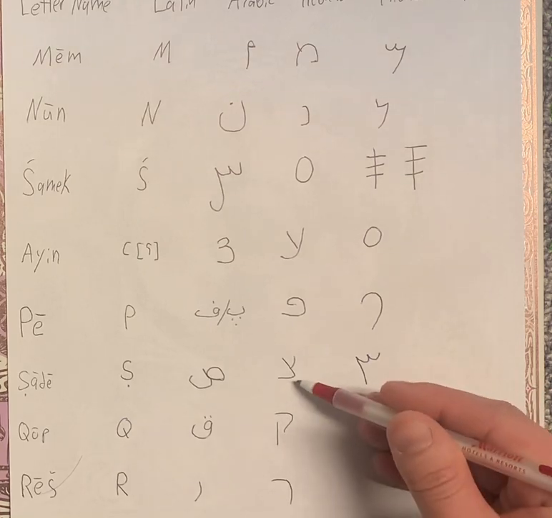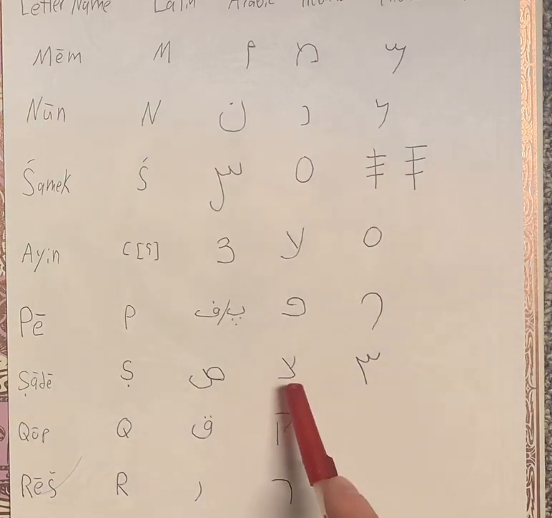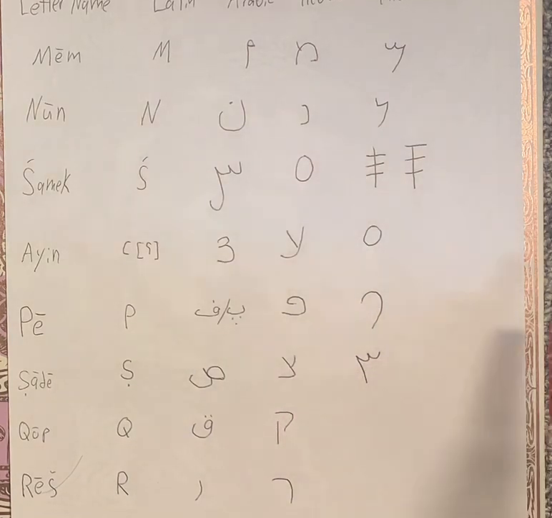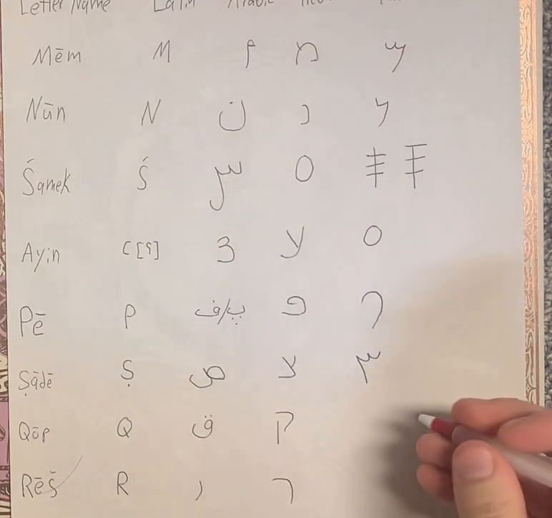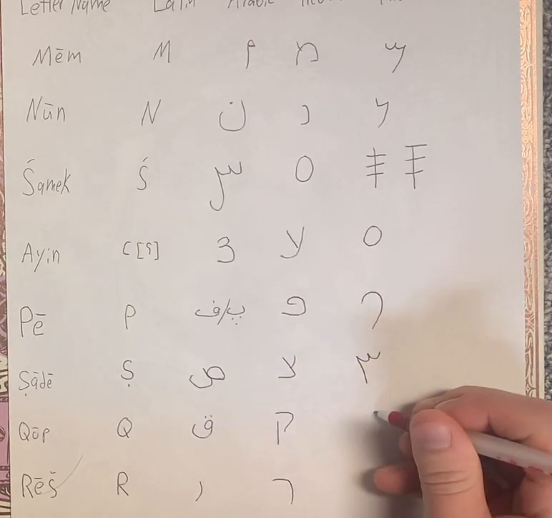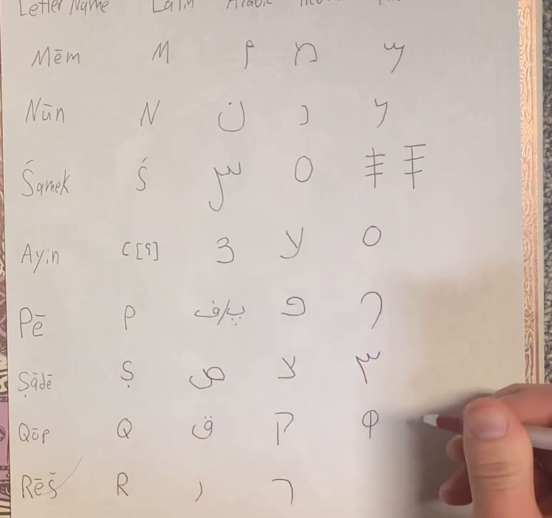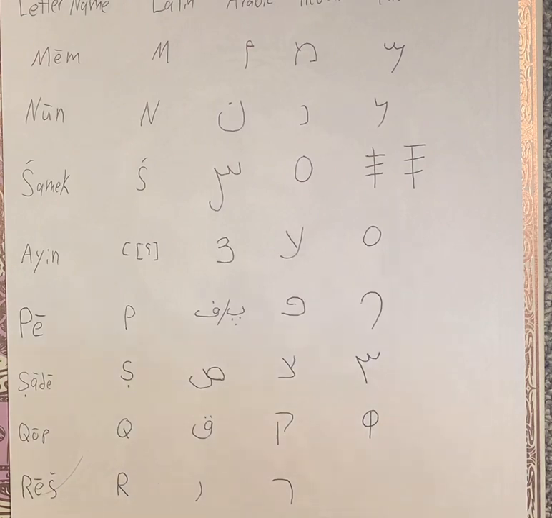Actually in Hebrew it makes the sound tsa, but it's etymologically related to this emphatic S sound. Next you have qoph, which we transliterate with a Q, and it looks like a Q, and it represents this far back in the throat q sound, which is a uvular stop.